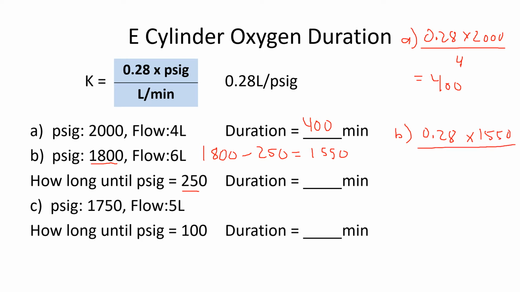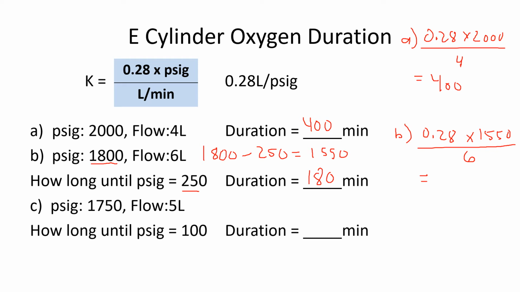In this case, it is 6 liters per minute. If you round it up, it's going to be 180. About 180? Yeah. Yeah, it says 179.8. Okay, yeah. So 180 for B.